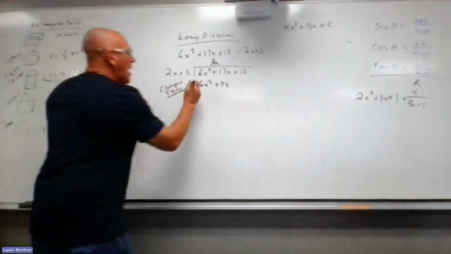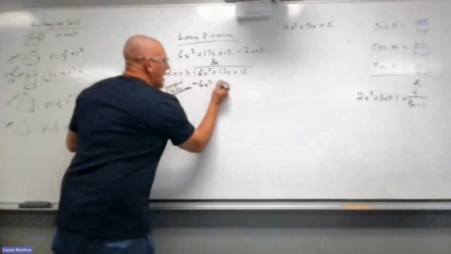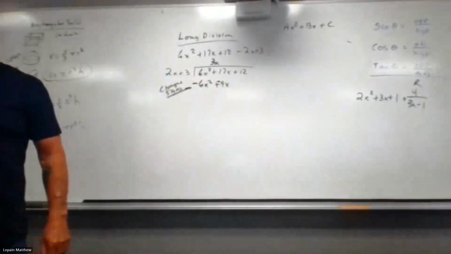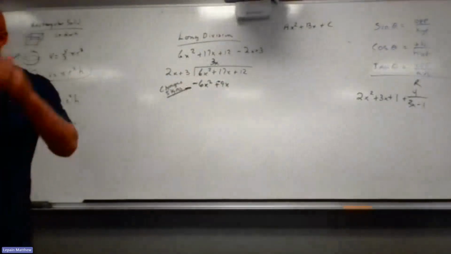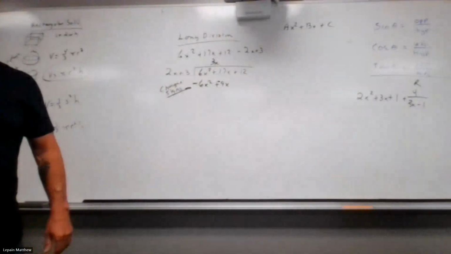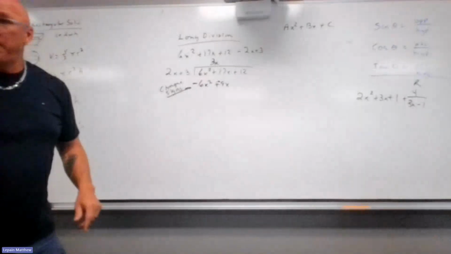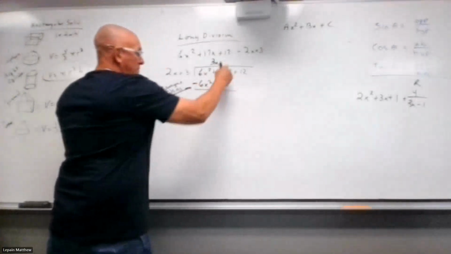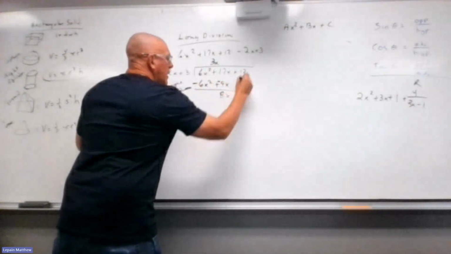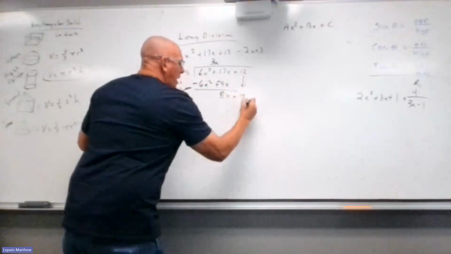So this is going to become a negative, and this is going to become a negative. Do not forget to do that, because we always want the first term here to cancel out. This would give us 8x. Bring down the positive 12.